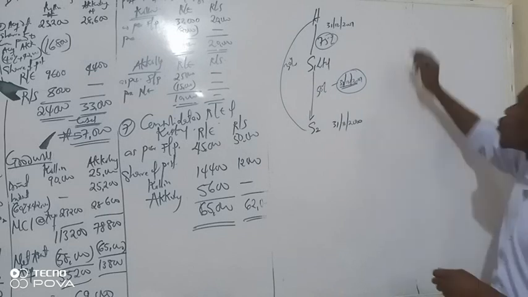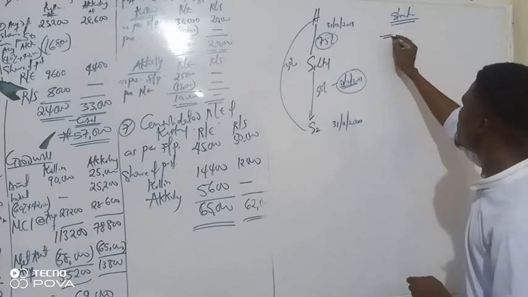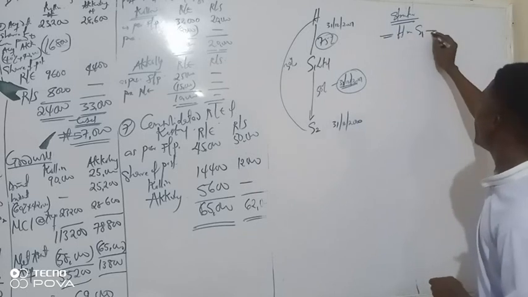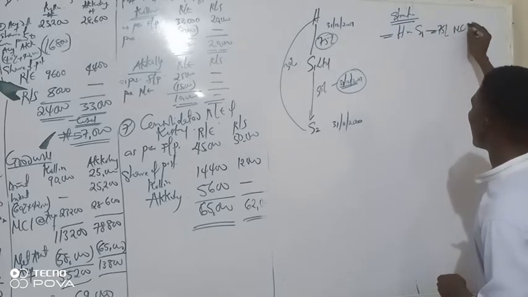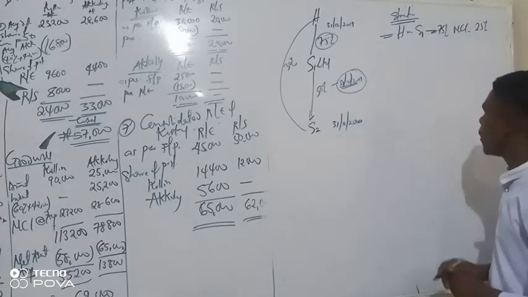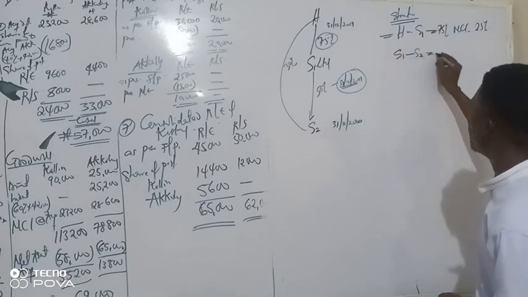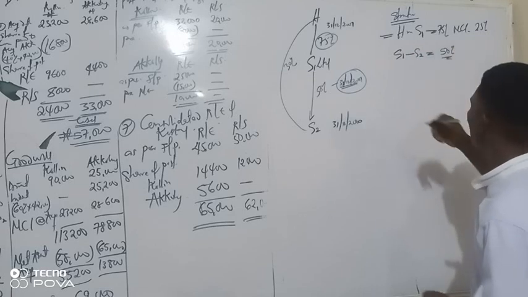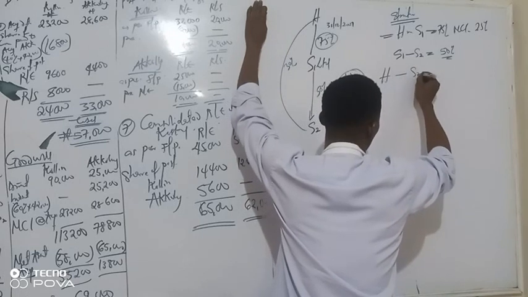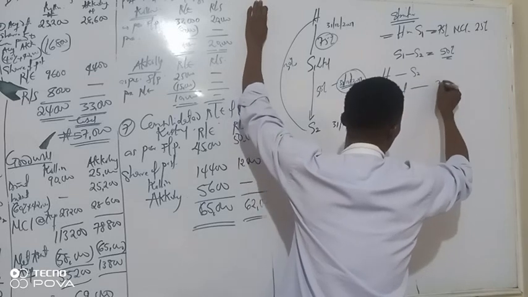So in that case, our structure: H in S1, 75%. NCI will be 25%. Now, H in S2: the one that we acquire ourselves directly, we acquire directly 30%.